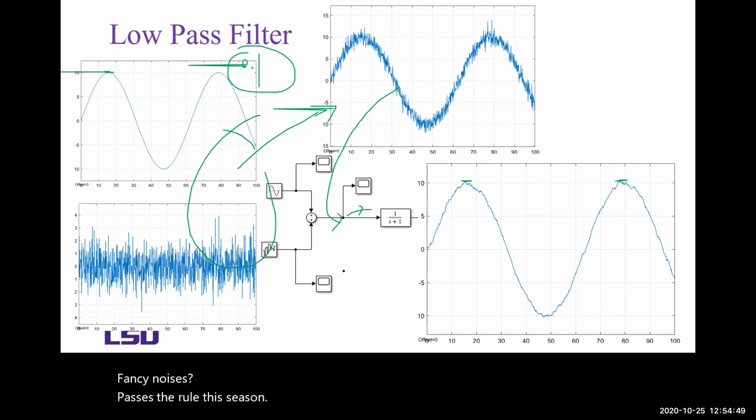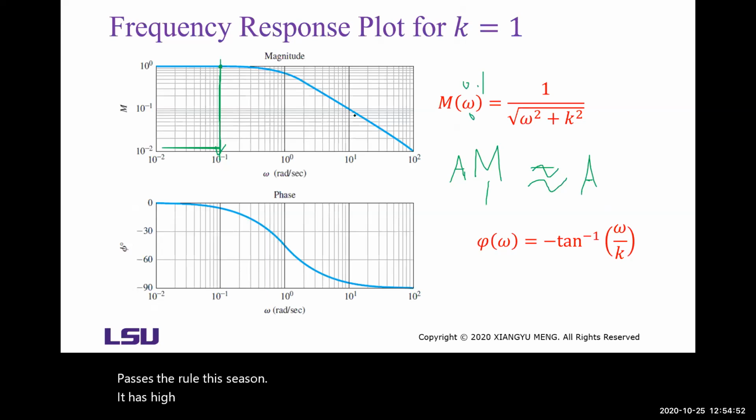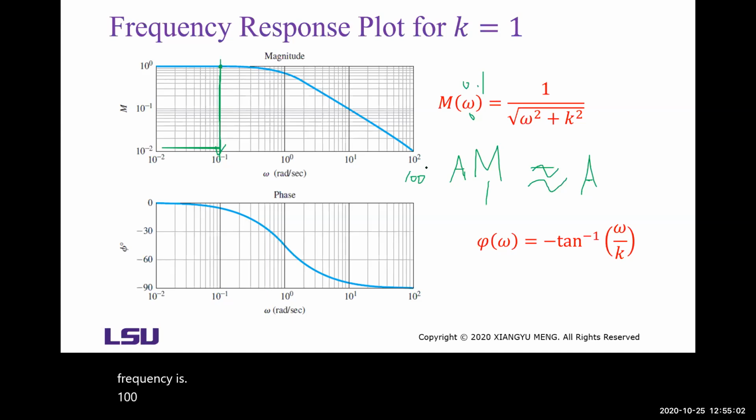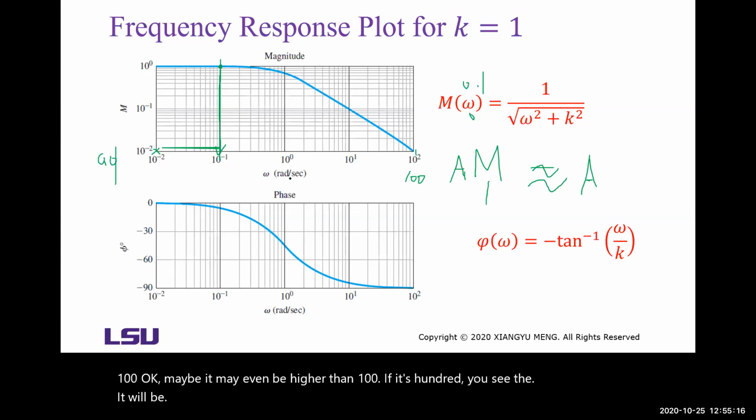If we go back to the Bode plot, let's assume the frequency is 100, or maybe even higher than 100. If it's 100, you see the amplitude will be 0.01.